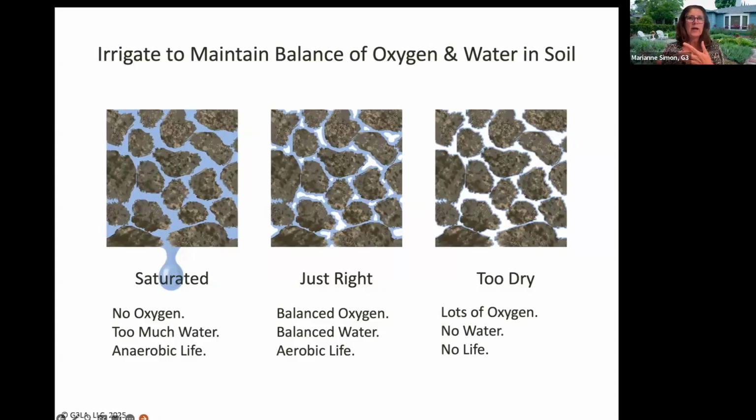So obviously, you know what happens when there's not enough water, too much oxygen, your plants will wilt, potentially croak, but it's also possible to overwater. In which case there's not enough oxygen. And when that happens, you create what are called anaerobic conditions. We actually had a situation just a couple of weeks ago where the water was not draining and the soil got really funky smelling. So that is a sign when something doesn't smell good, that things have gotten out of balance.